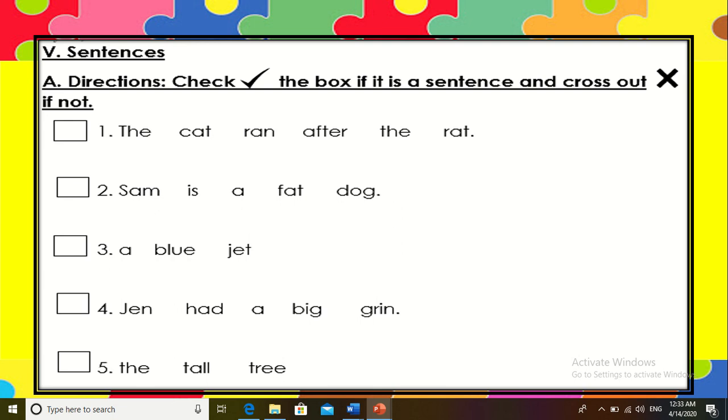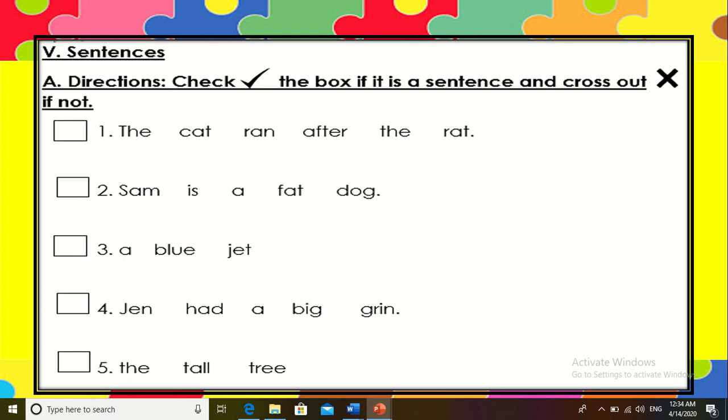They begin with a capital or uppercase letter and end with a period. Very good. For part A, check the box if it is a sentence and cross out if not.